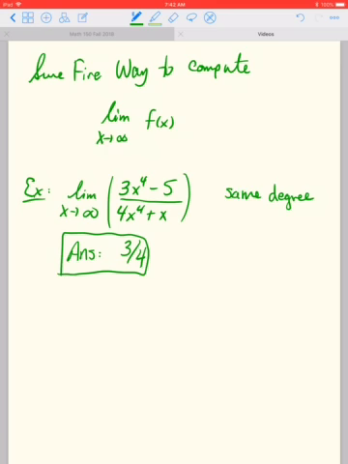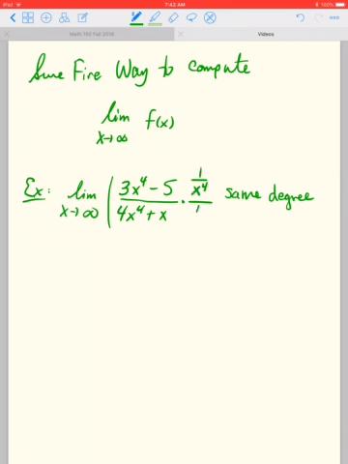But I want to just show again what we could do, if we didn't want to sort of rush to the answer using our intuition, we could multiply by 1 over the degree of the denominator. So in this case, 1 over x to the fourth.